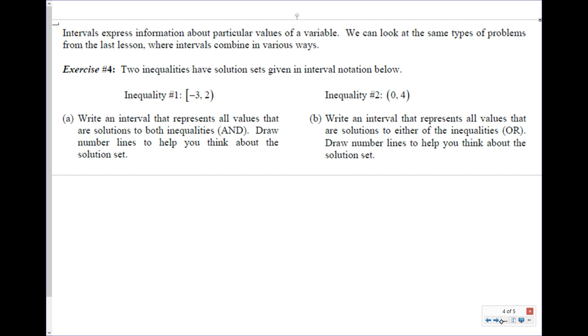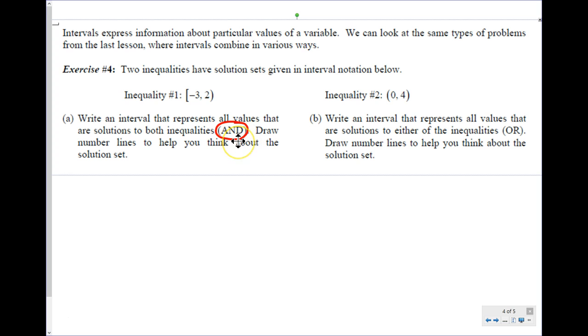So the first inequality says x is greater than or equal to negative 3, but less than 2. And inequality number 2 says that x is greater than 0, but less than 4. Part A says write an interval that represents all values that are solutions to both inequalities. So we're looking for that and relationship where they work with both.